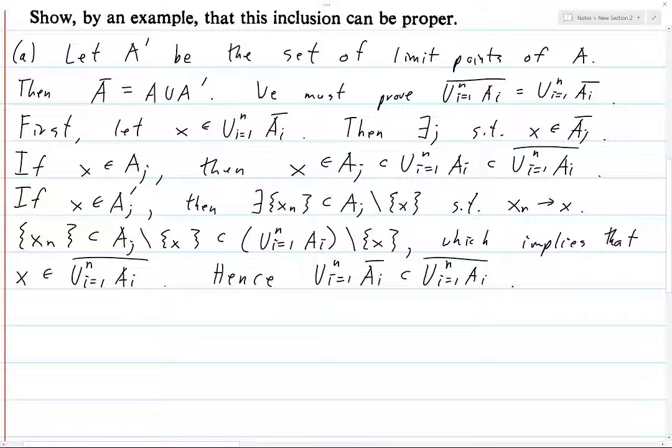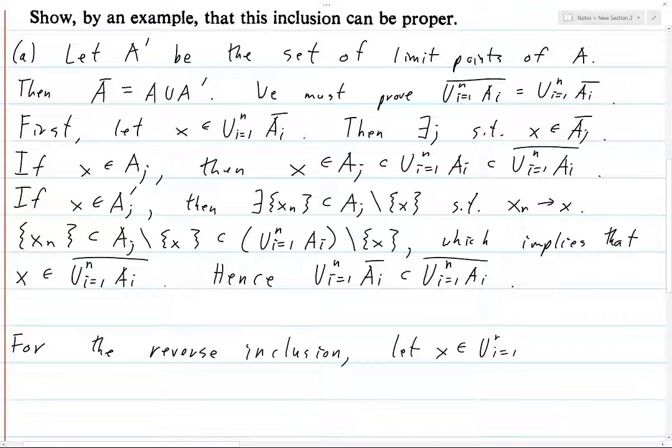So for the reverse inclusion, let x be in the closure of the union from i equals 1 to n of A_i.